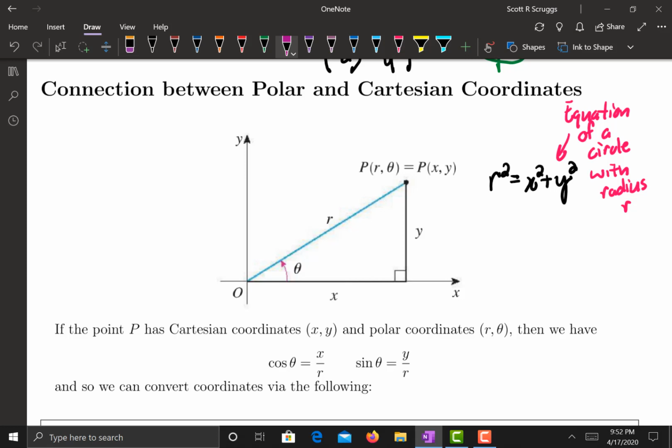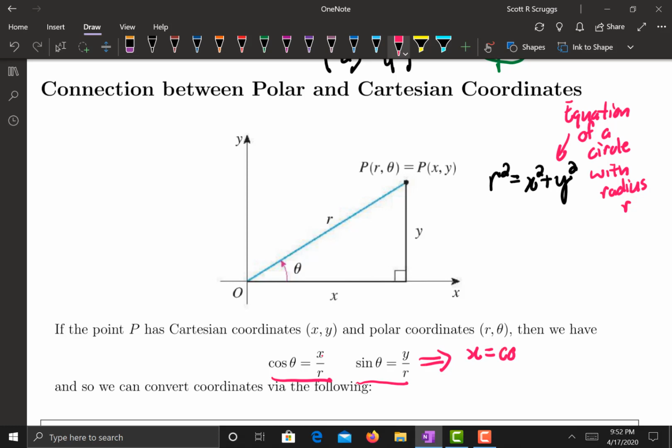Because if I have a right triangle, well, cosine is adjacent over hypotenuse. Adjacent is x, and r, which is my radial coordinate, is treated as my hypotenuse. So x over r, and the same idea with sine of theta, which means I can explicitly solve for x and y.